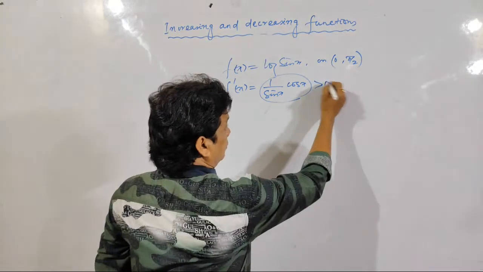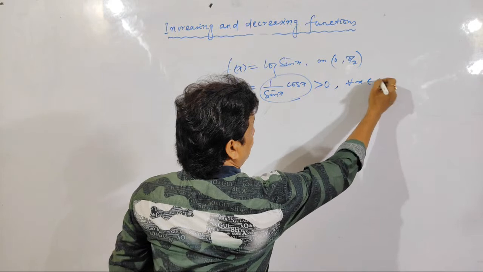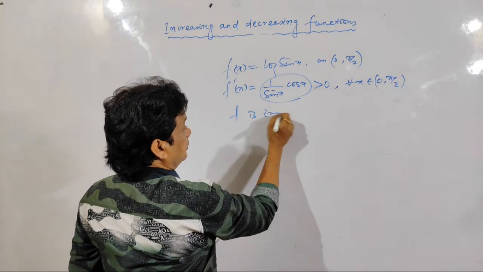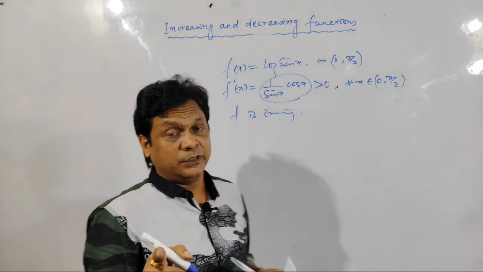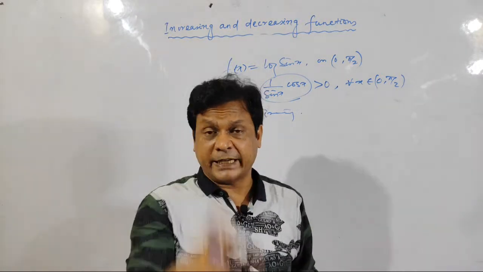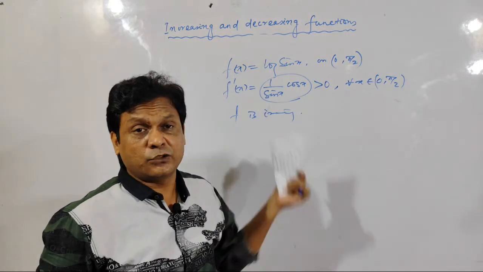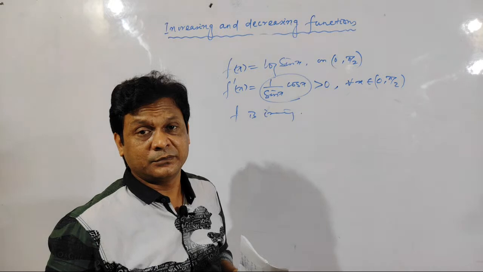This is greater than 0 for all x belongs to 0 to pi by 2, so f is increasing. I have told you that hardly it will take few seconds, not minutes. Only 10 seconds or 12 seconds I am taking. Clear?